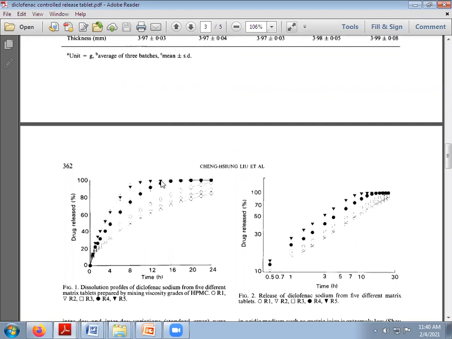Almost 100% of the drug has been released within 8 to 9 hours. At the same time, only 50% of the drug has been released at around 9 hours. So this is the big difference we see here.